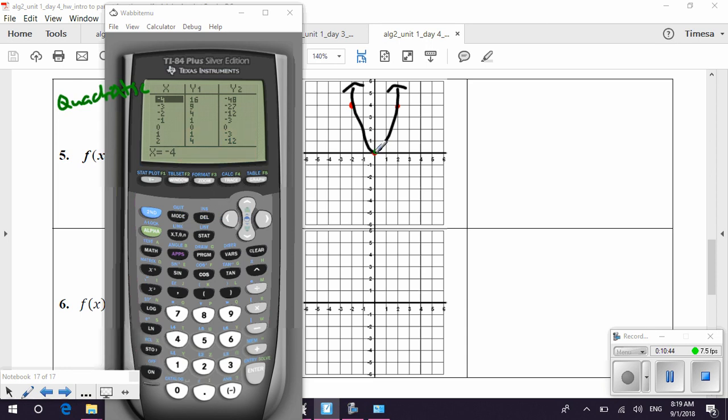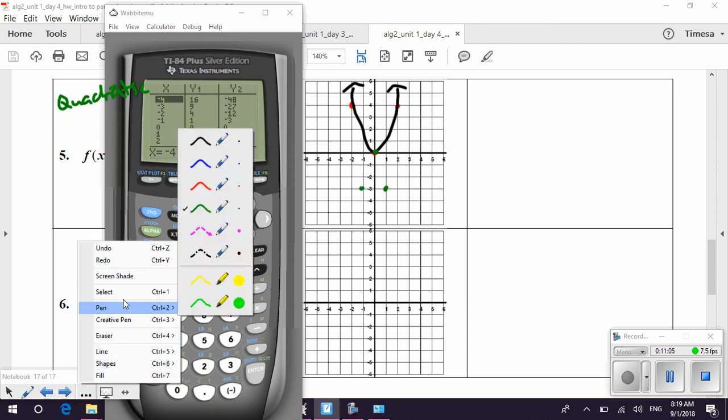And then baby still has 0, 0. At 1, it's negative 3. At 2, it's negative 12, somewhere far off the page. And at negative 1, it's negative 3. I guess I could have showed you how those correlated with mama.